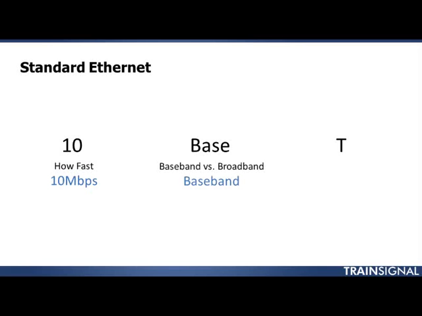Now the word base, I'm going to give you a real basic definition of where this came from, although they're all base or baseband networks. Baseband and broadband were the 2 different types of transmissions.